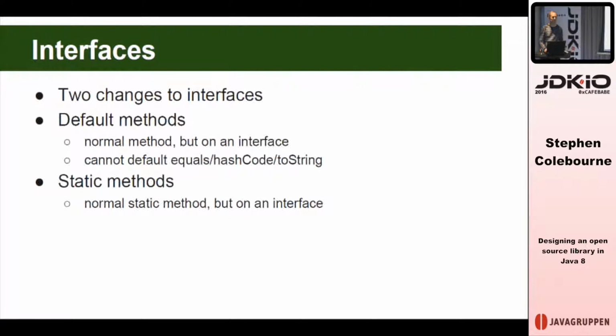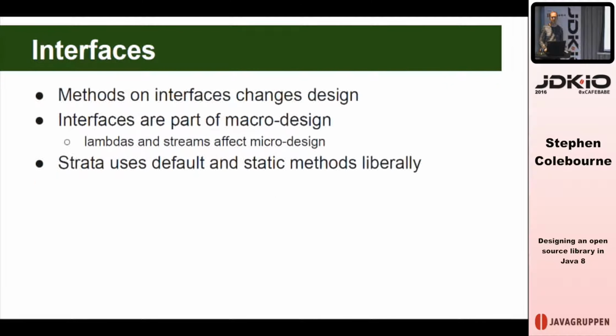That's a bit of a pain, but hey, we'll live with it. You can also have static methods, just like a static method would be on a class, except it's now on an interface. Together, those two things give us a lot of power that we did not have before. And in design terms and architecture terms for software, it's these methods on interfaces that are more important than Lambdas.